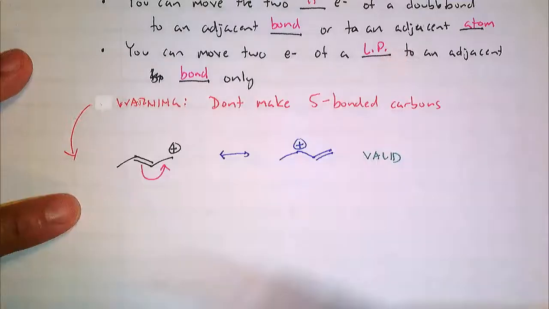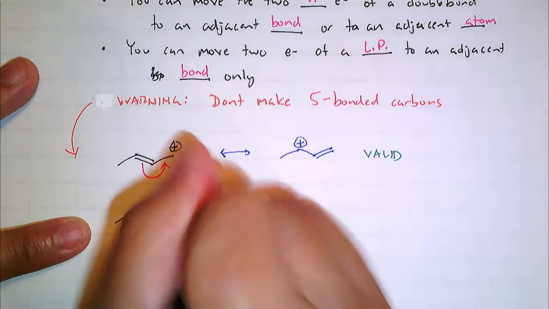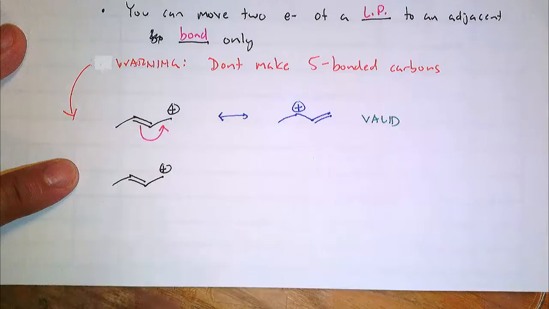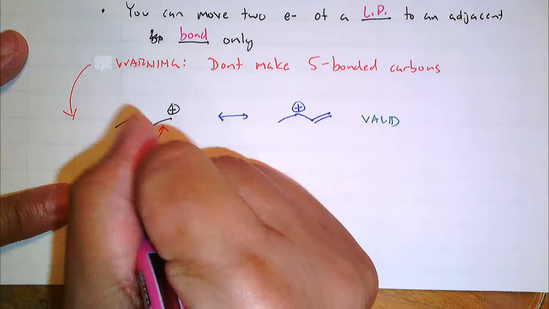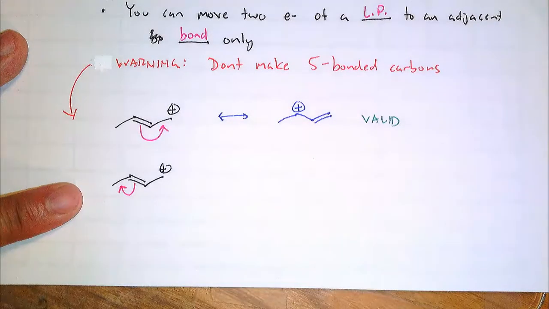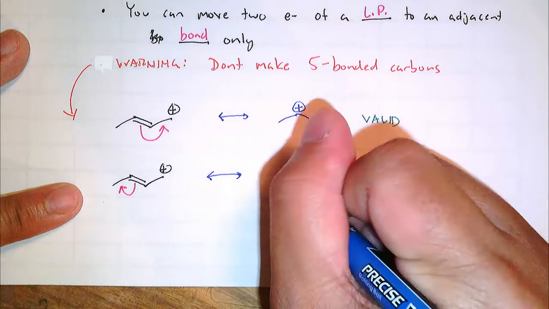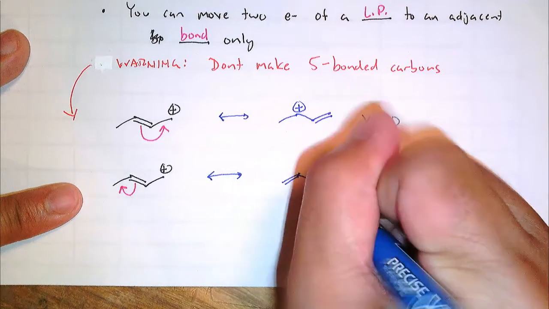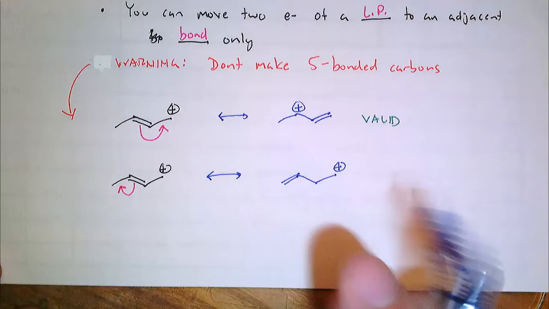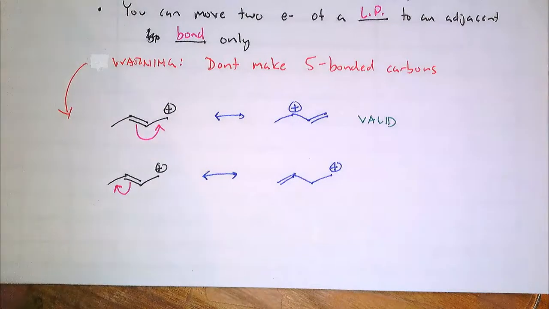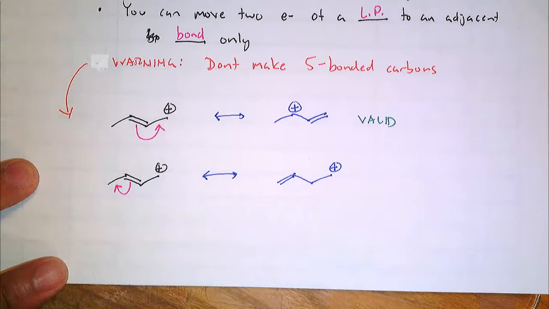But if you're not very aware of how many hydrogens the molecule has, then you may think, well, why don't I move it to the left? And maybe I have this. True, I didn't move the plus charge, but there's something even more devastatingly wrong with this movement of electrons.